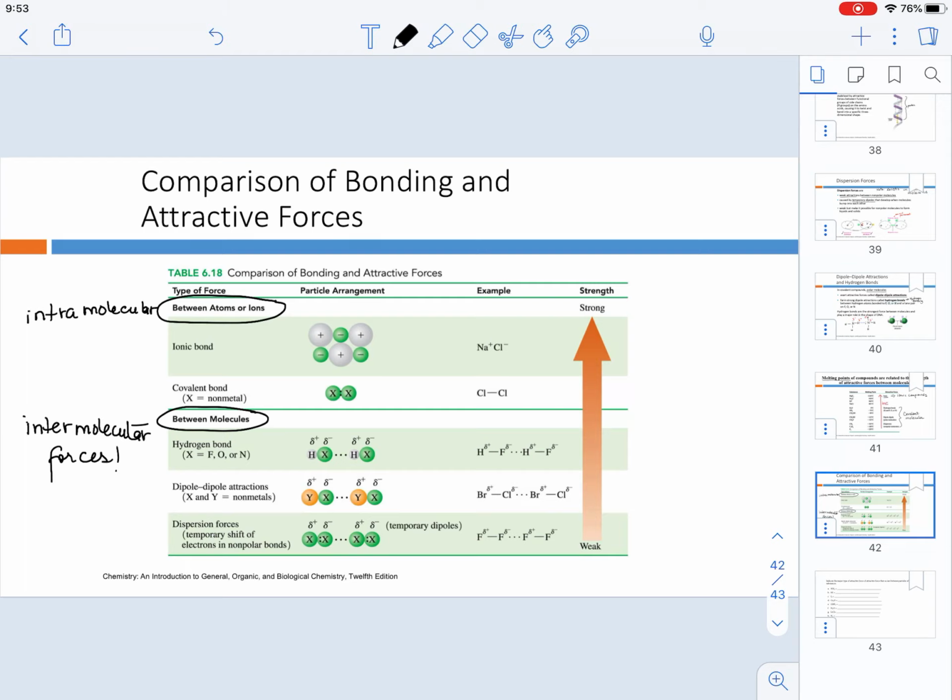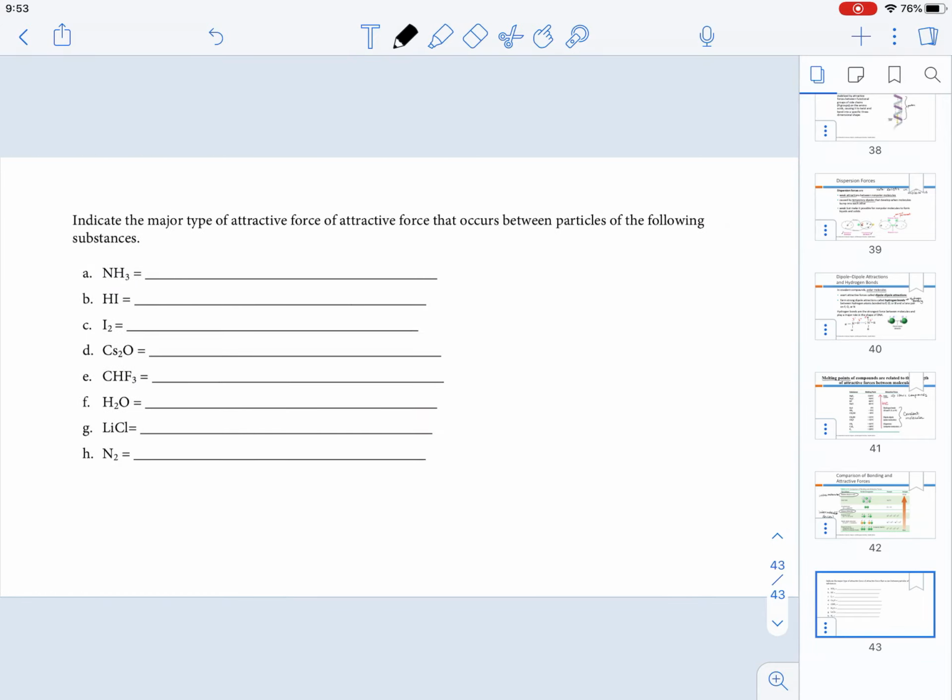Now, let's understand how to do these if I have a list of compounds. So as you can see, in this problem, you need to determine the major type of attractive force that is going to be in these particles. If you have a molecular compound, you need to draw the Lewis dot. If you have an ionic compound, then just by looking at it, you know that it's ionic, and that's it.